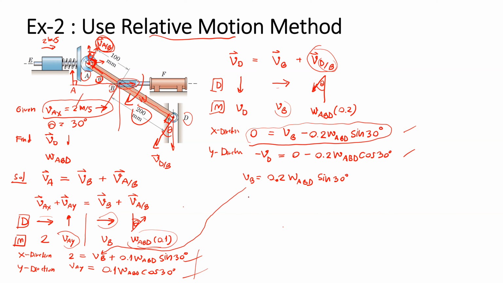So finally, we have left-hand side 2. On the right-hand side, we have 0.2 plus 0.1. It will be 0.3 omega. And sine, and yes, we can have the omega.